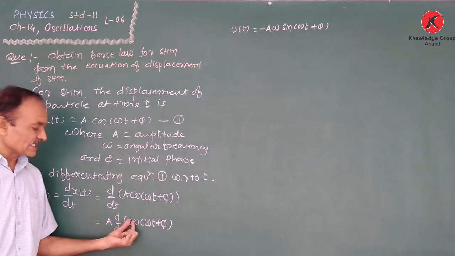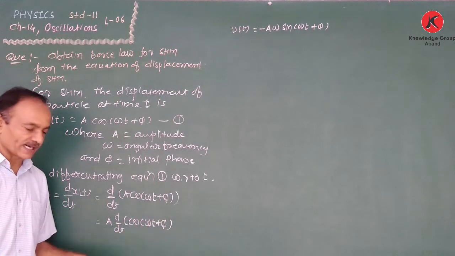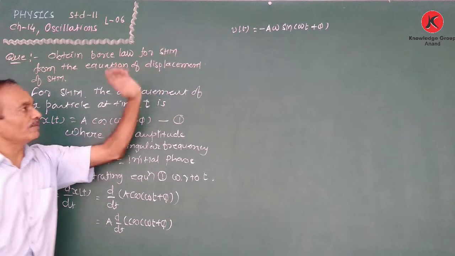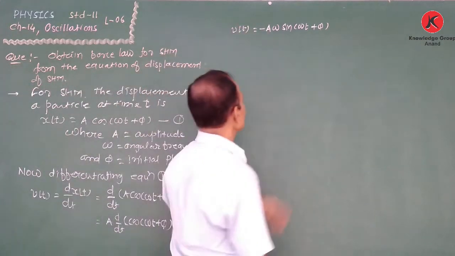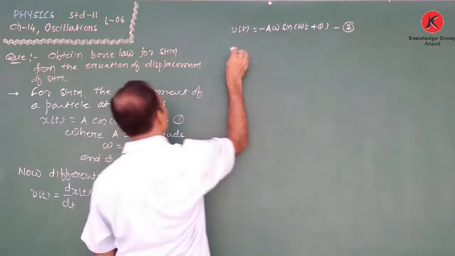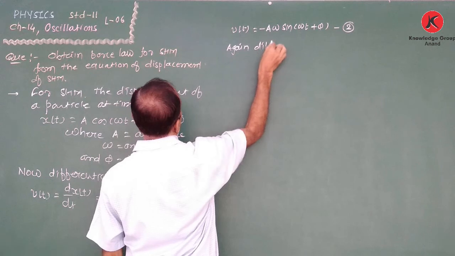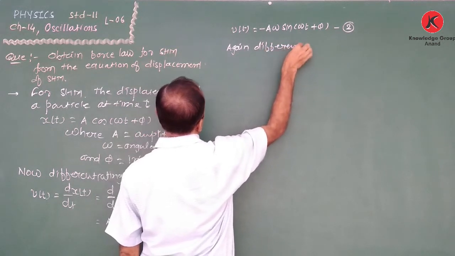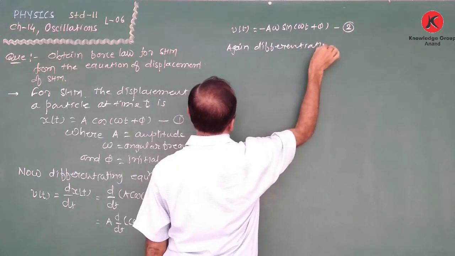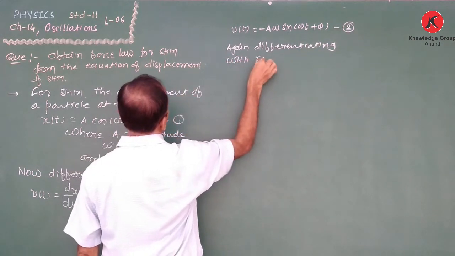Therefore, v(t) equals minus A omega sin(omega t plus phi). That is our equation 2. Again, differentiating with respect to time.